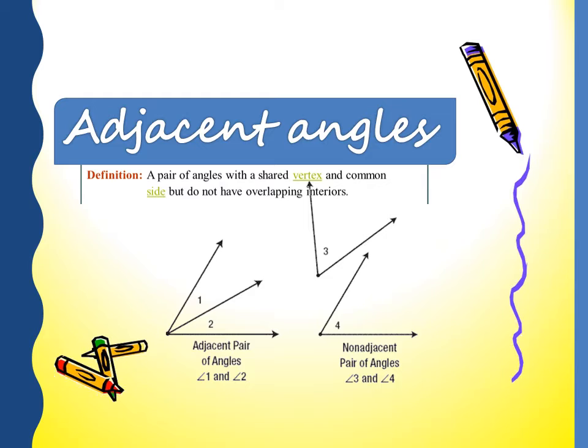That means any two angles that have the same vertex and a common side in between are adjacent angles, like the figure on the left. It is an example of an adjacent pair of angles, and the figure on the right represents two angles that are not adjacent.